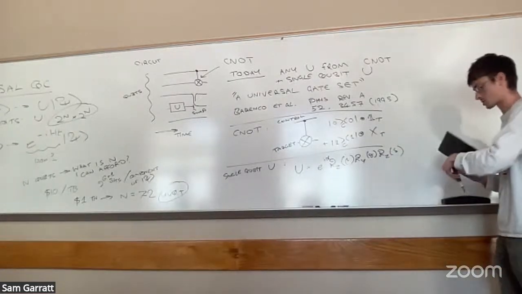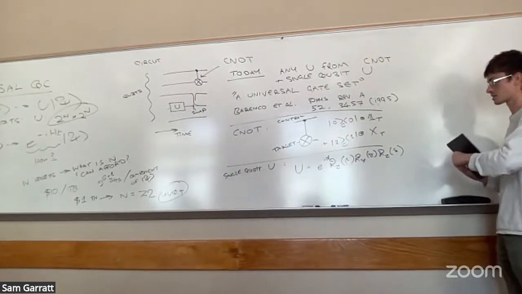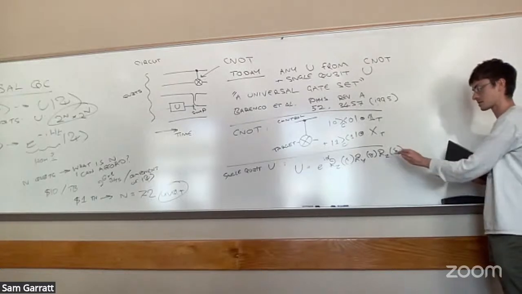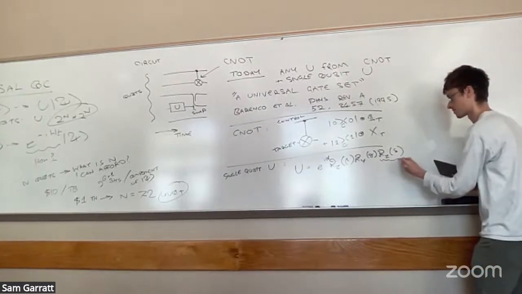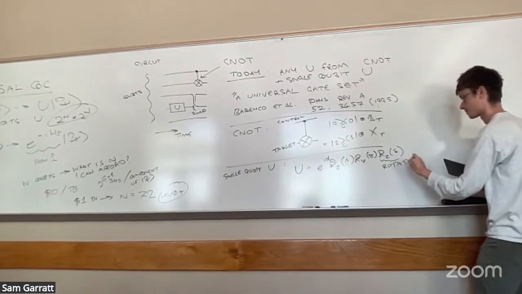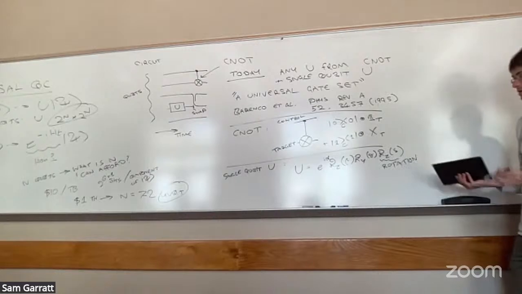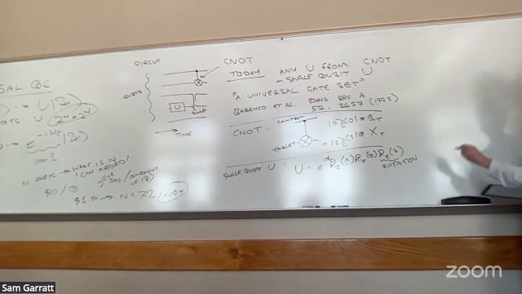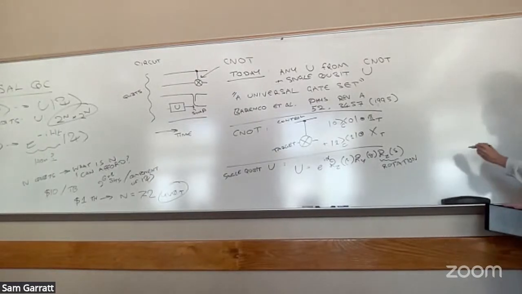So let me explain these different operators. This is a rotation about the z-axis by delta. This is a rotation about y by gamma. If you wanted to think about how this acts on a single qubit, I'll just draw this on the side and erase it in a moment.